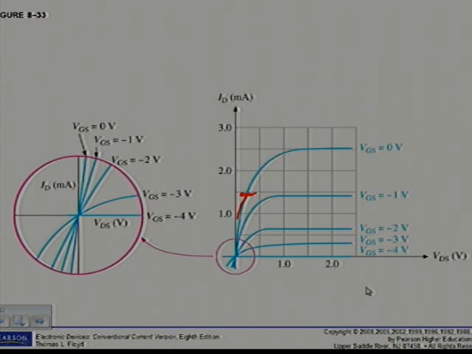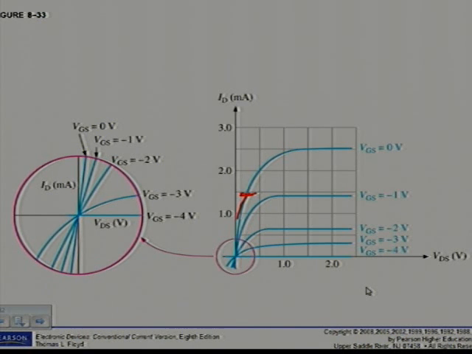Assume IDSS is 2.5 milliamps and VGS off is equal to minus 4 volts. Alright, then I just have to apply these two formulas. First, I'll have to find the transconductance where VGS is equal to 0, in other words, gm0. 2 times IDSS over absolute value of VGS off gives me a value of 1.25 millisiemens.